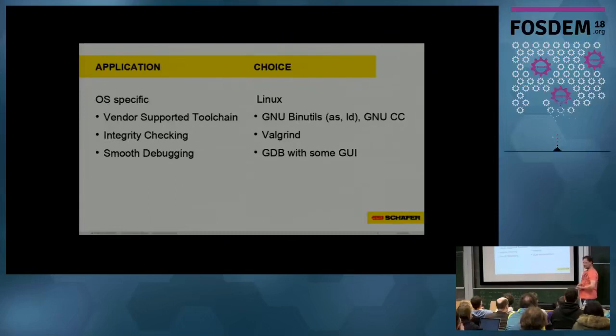And the developer can choose whatever GUI he prefers. For Unix, this is quite similar. Fortunately, the GNU compiler is able to use the vendor-supported binutils. This is mainly the assembler and the linker.